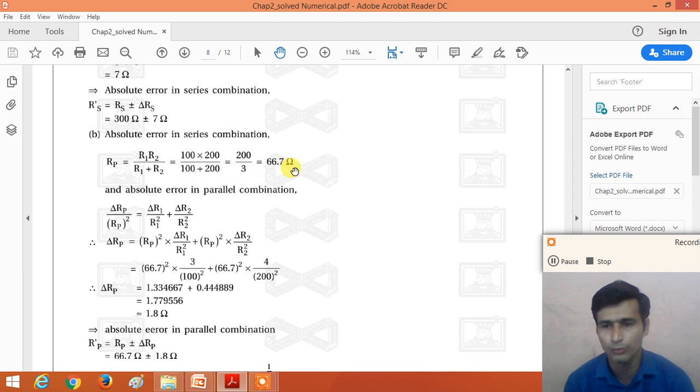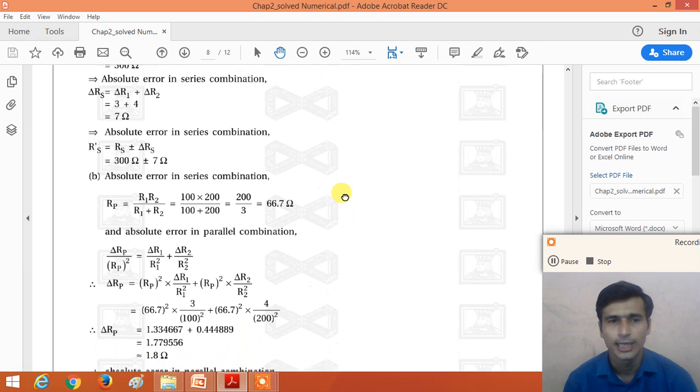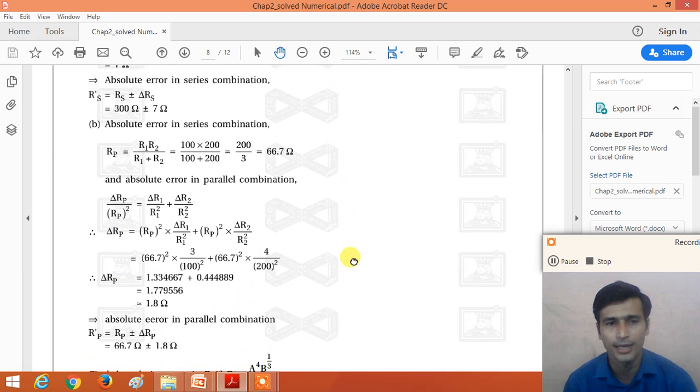So the true value of the equivalent resistance in a parallel combination is 66.7 ohm. Now how do we find the absolute error in the equivalent resistance? For that the equation is given to you: delta R divided by R square is equal to delta R1 by R1 square plus delta R2 by R2 square. We use this equation to calculate the absolute error in a parallel combination.